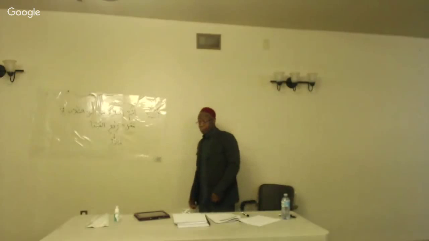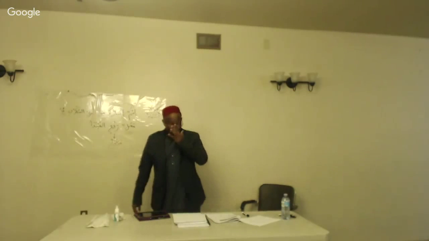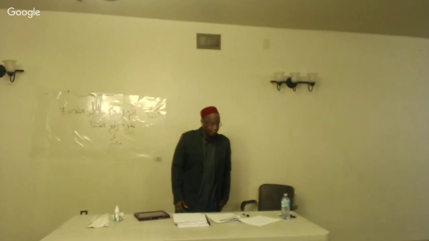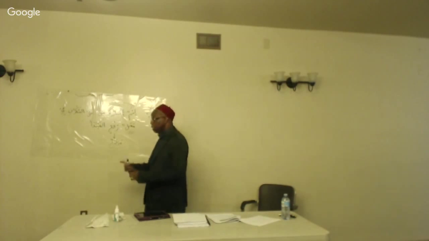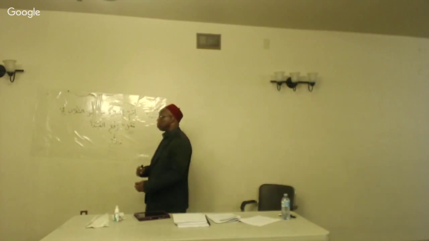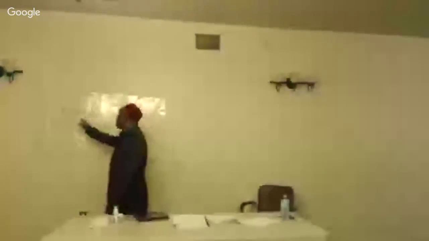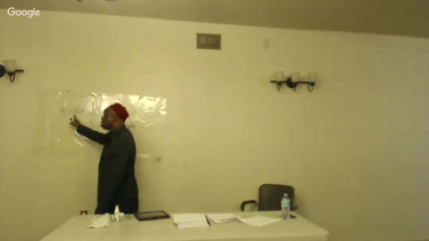I have a question. Is mabniyun a term by itself? Mabniyun is a term by itself. So then ala as-sukun is the part where the meaning is together. All of this goes together: mabniyun ala as-sukun.